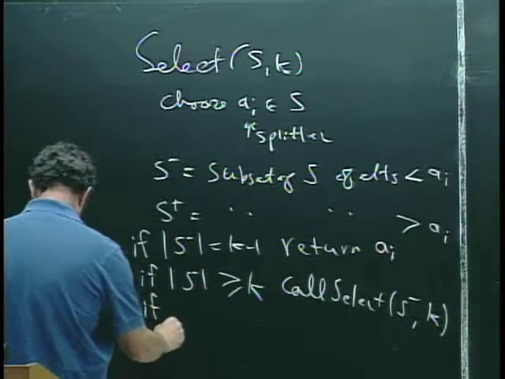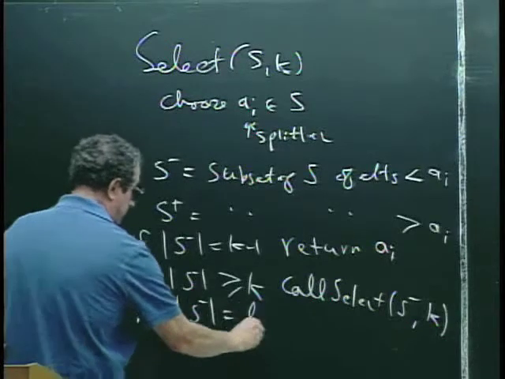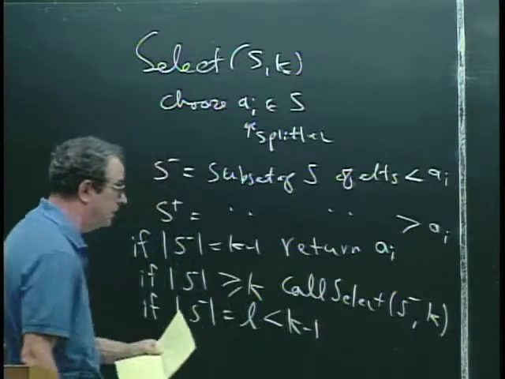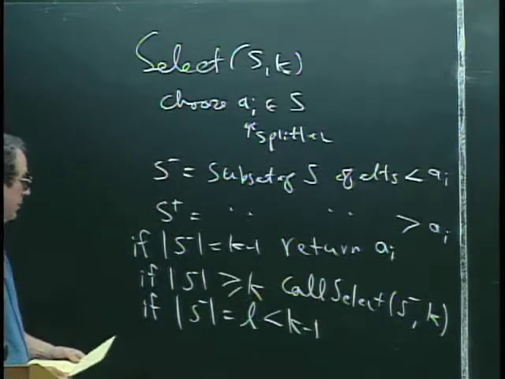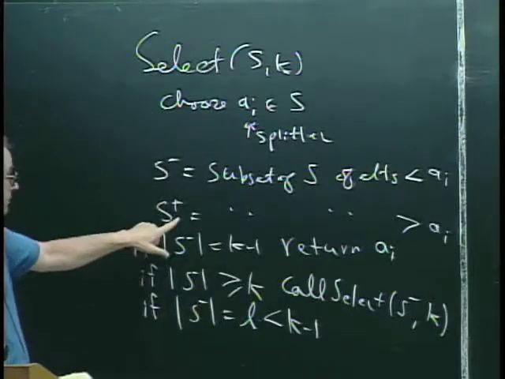The final possibility is that the size of S minus is equal to a variable I'll call L, and that L is less than k minus 1. And in that case, we know that the kth smallest element in S must be in S plus.